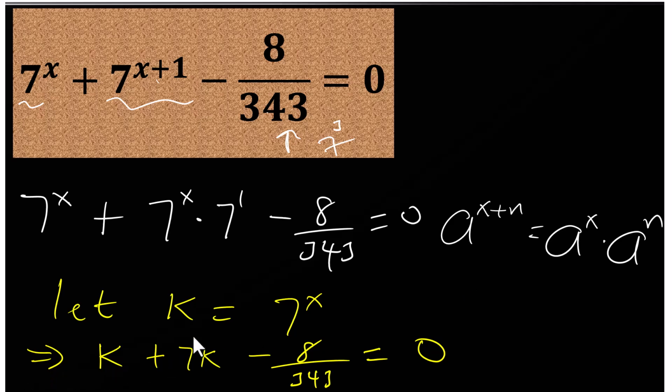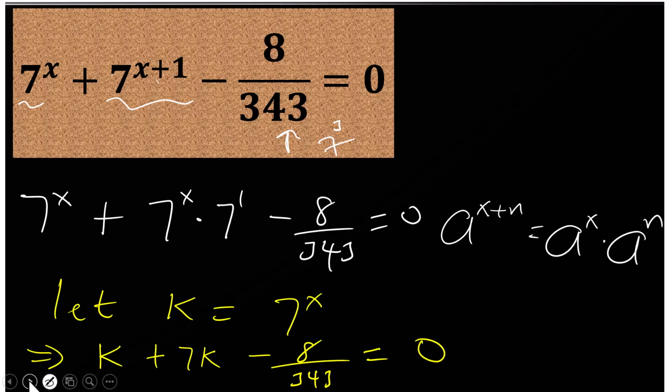So we can add here 8k, we have 8k minus 8 on 343 equal to 0.